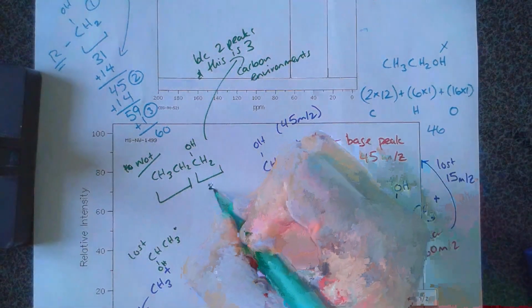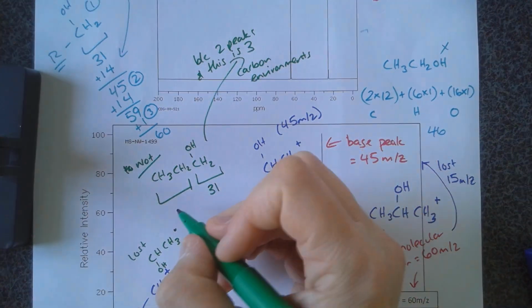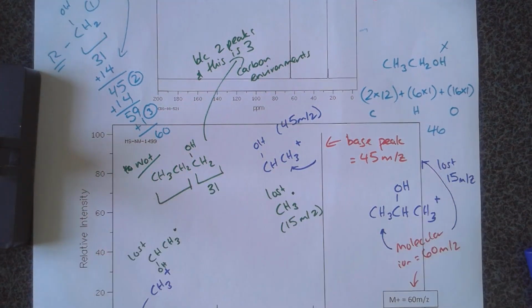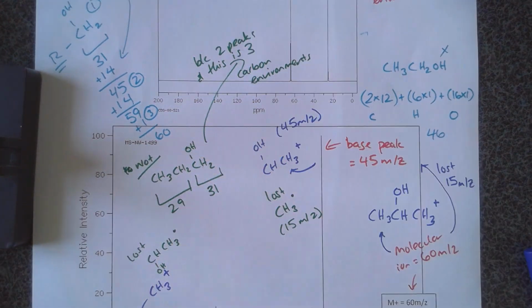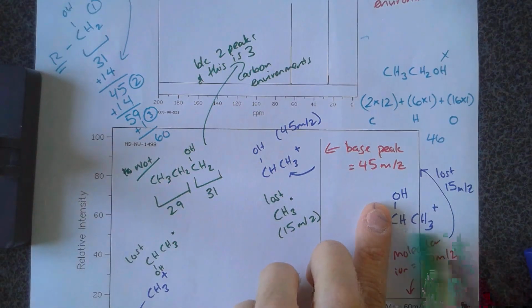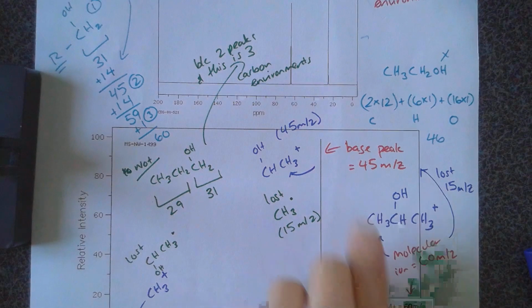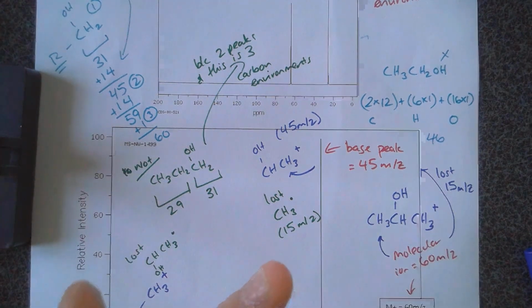That one can get me a 31. And this one can get me 15 plus 14, a 29. Whereas when I cut this guy up, I can't get that combination. Because when I cut it here, that's a different combination of atoms that don't add up to the same number.